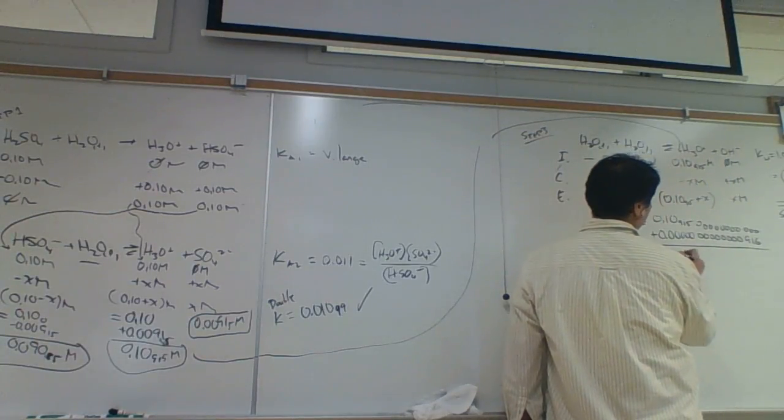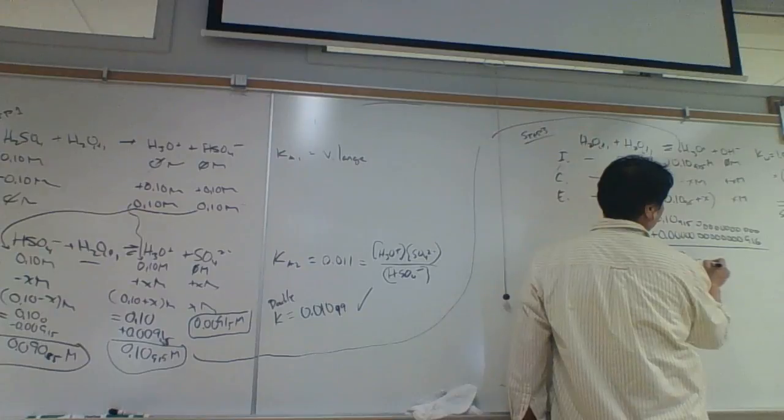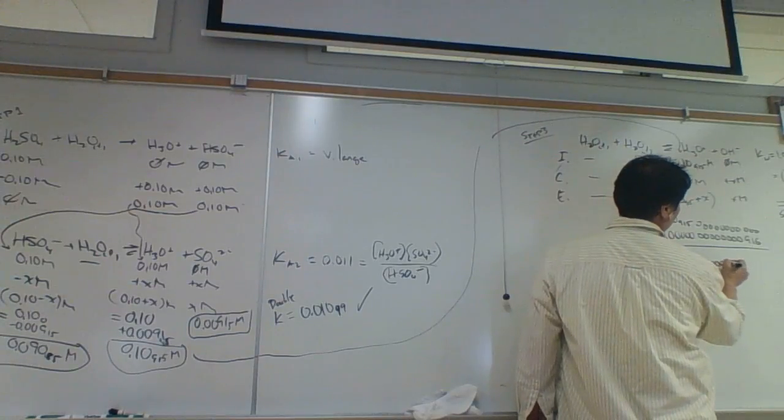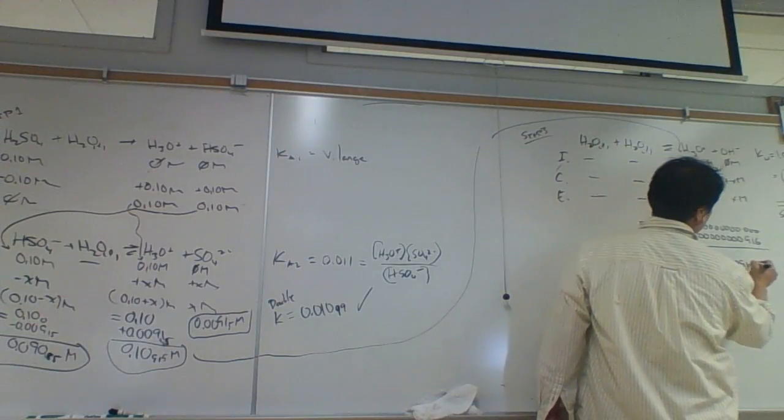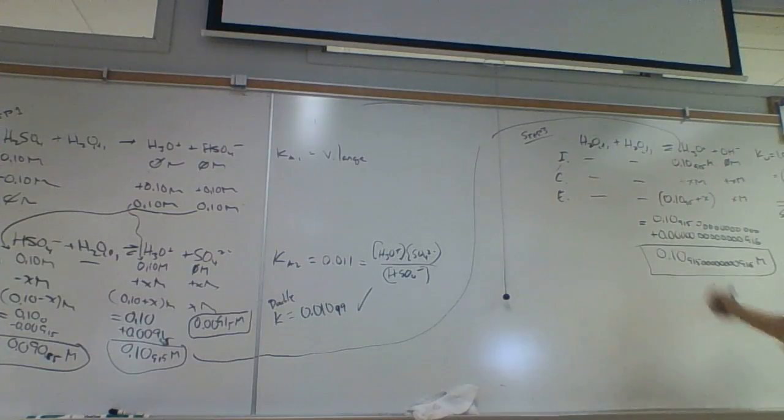And so 0.10915 and then 8 zeros, and then a 916 molar. And so did I add much? This is how much additional hydronium I added in step 3. Nothing, really. But hydroxide, it is significant because hydroxide we started off with nothing. And so if we start off with nothing, then 9.16 times 10 to the minus 14 is something. That's significant. We can't ignore that here.